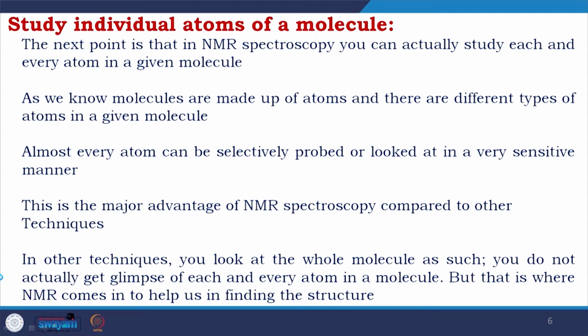Almost every atom can be selectively probed or looked at in a very sensitive manner, and this is definitely a very major advantage of NMR spectroscopy compared to other techniques. In other techniques, you look at the whole molecule as such, you do not actually get a glimpse of each and every atom in a molecule, but that is where NMR comes in to help us in finding the individual structure.